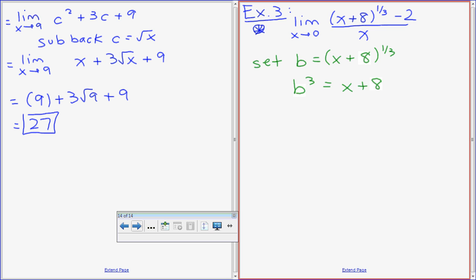You can't really deal with the cube root inside the bracket, but if I cube this side, that gets rid of the 1/3, and I cube that side, it gives b cubed. What's the next step I can do? b cubed minus 8 equals x. Good.